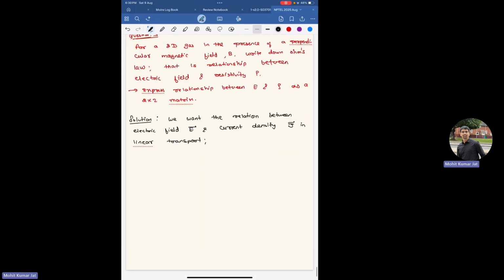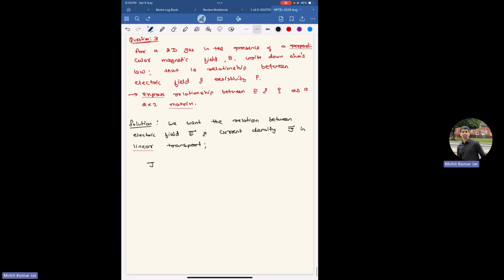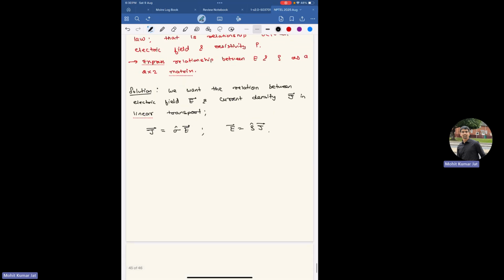So J equals sigma E, and E equals resistivity times current density J. So what does this imply?